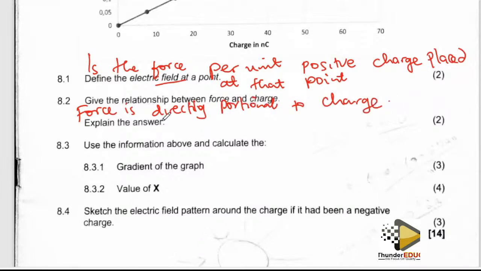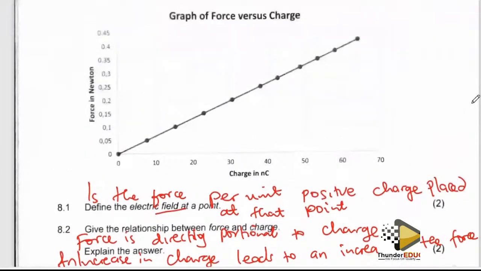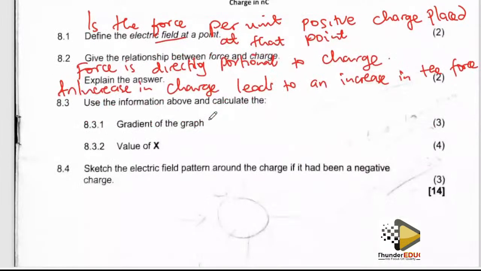An explanation is that an increase in charge leads to an increase in the force, because we know that charge is independent, and it's the force that depends on the charge. Okay, use the information above to calculate the gradient of the graph.